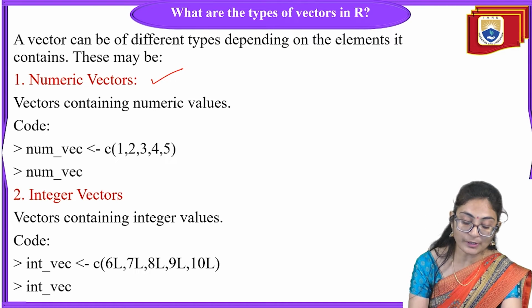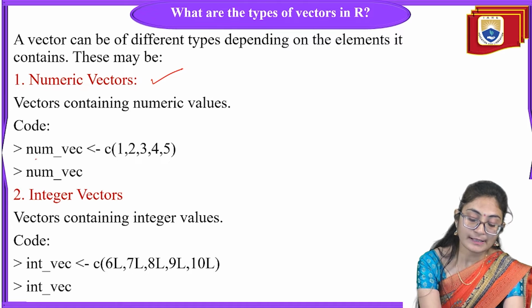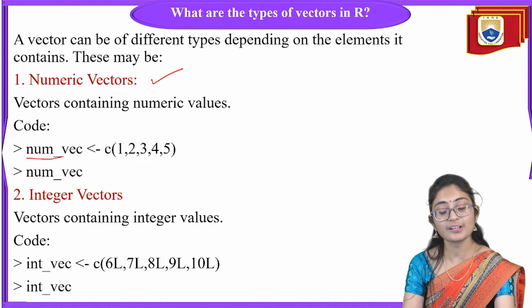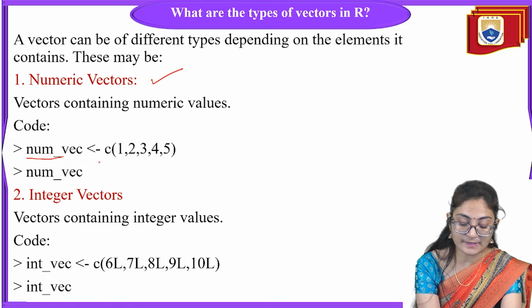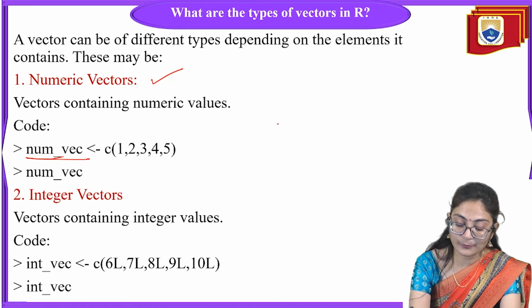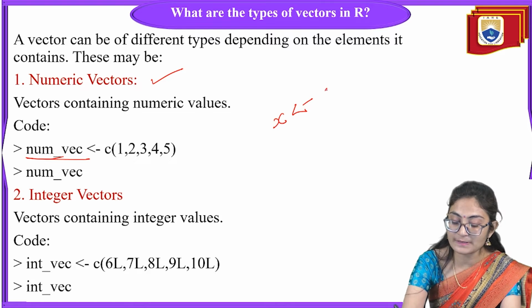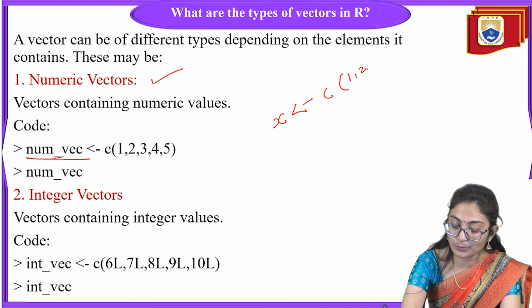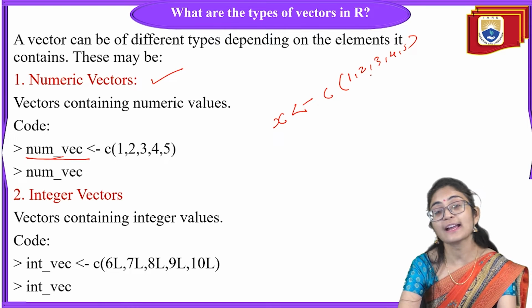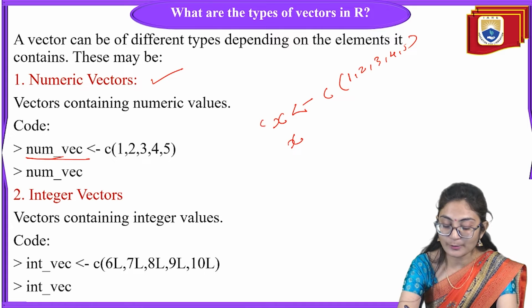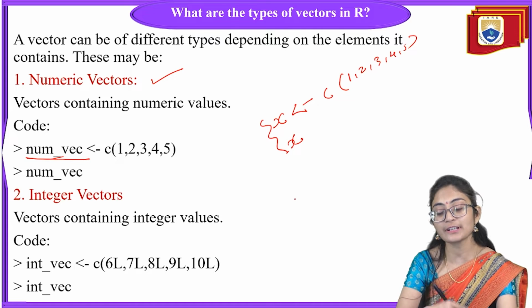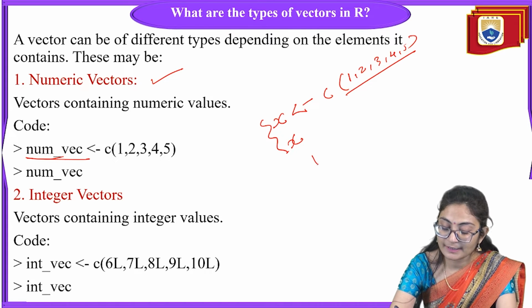For the numeric vector, I used here num_vec, that means I will use here x. I will provide some value, c of 1, 2, 3, 4, 5. And now I have to print x, so I will write only x. Both statements I will execute. After executing, I will get this output.